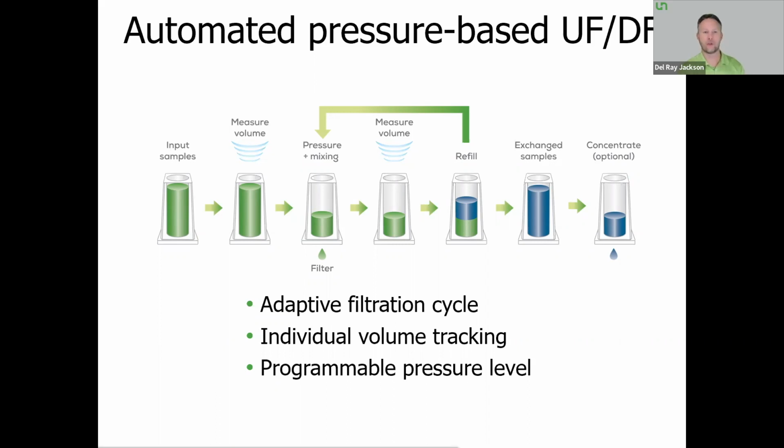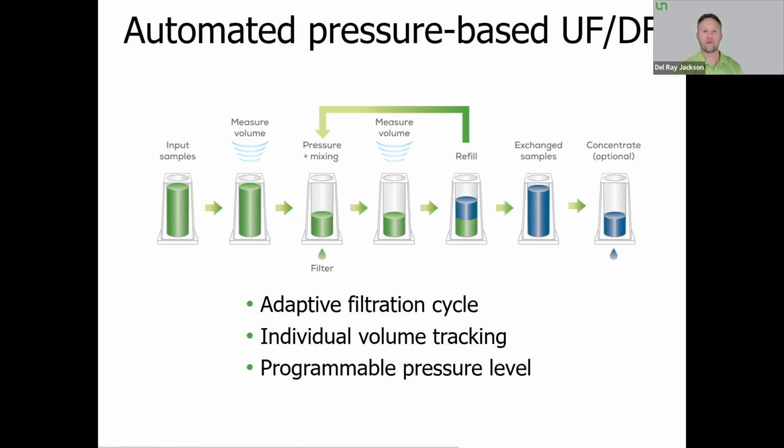The first is what you see on the left side of the screen there, that we use an ultrasonic sensor to measure the volume. This happens at the beginning of your run, and at each buffer exchange cycle, we remeasure it. And the way that Unagi uses that volume measurement is it can get an idea of the rate that the filtrate is flowing out of every Una for each of your samples.